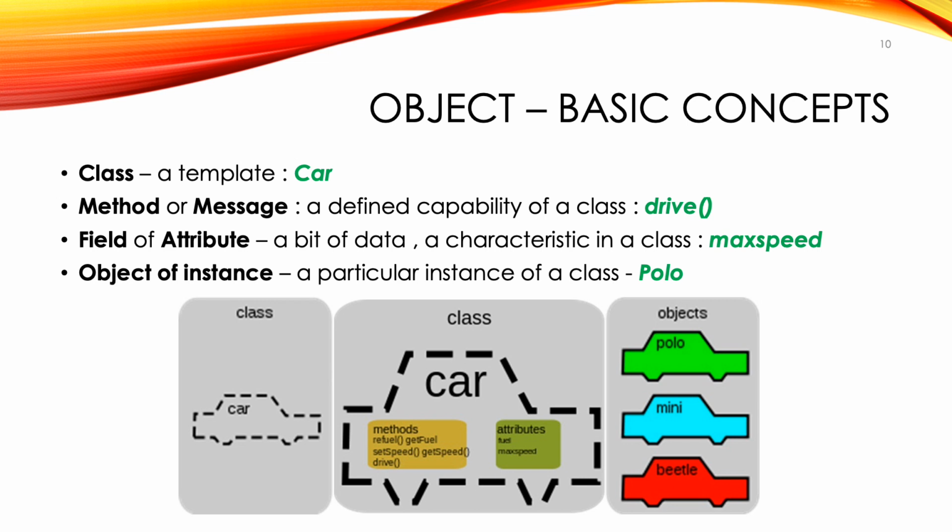So I would create one template, one class, and 100 objects, for example. Having a class, I can keep creating objects as much as I want. All of those objects would share the same attributes, which are in this case the fuel type and maximum speed.